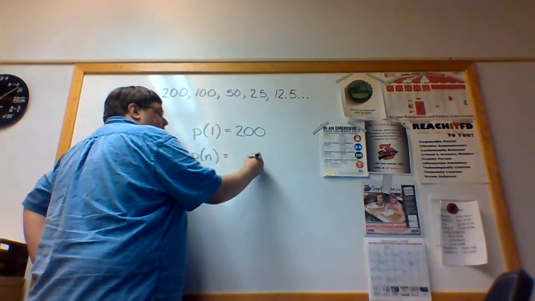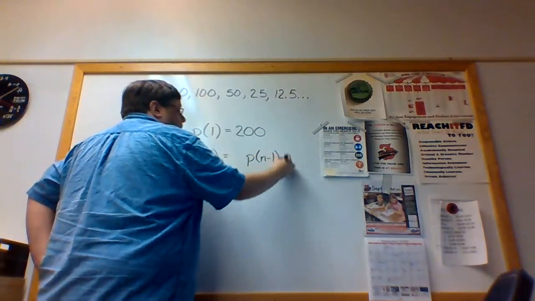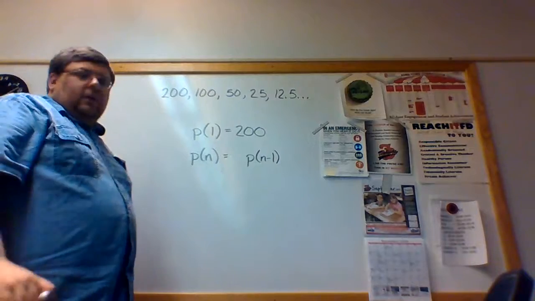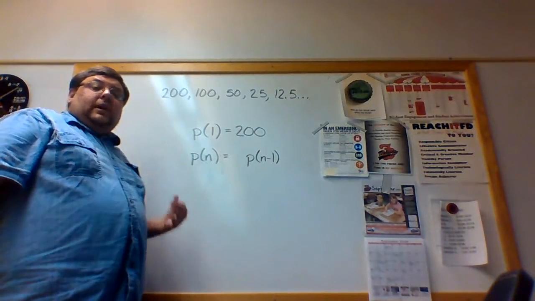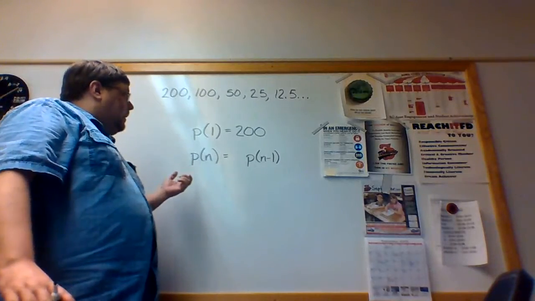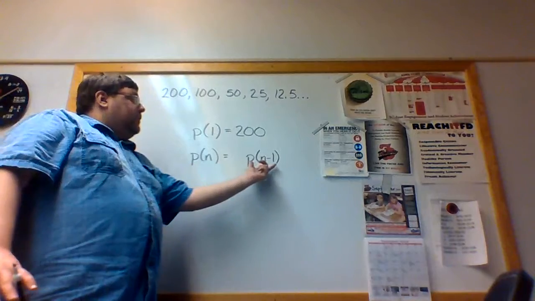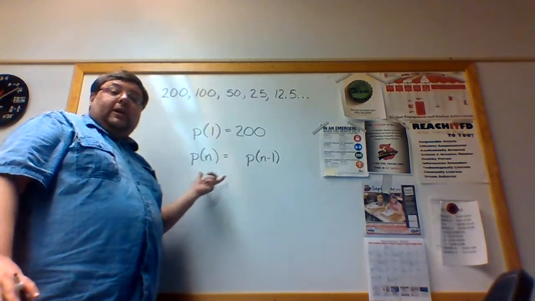It's always got to equal something to do with the term before it. So I'm going to have that p of n minus 1 in there. That's pretty much consistent every time you write one of these recursively defined functions: your second line is going to have the next term, p of n, and the previous term, p of n minus 1, somewhere in it.